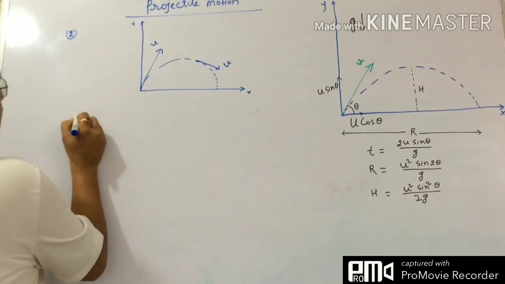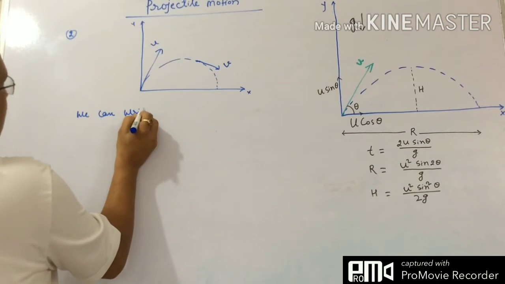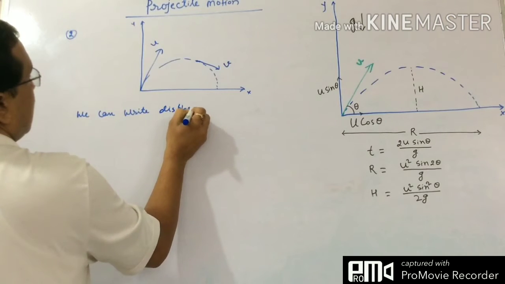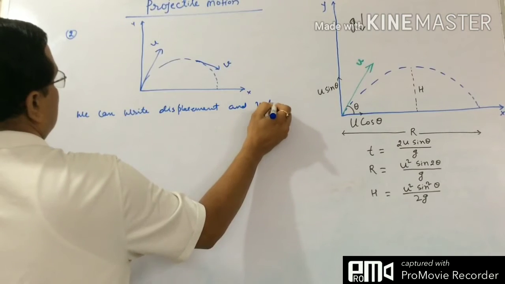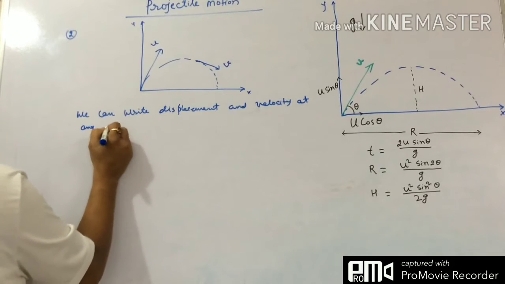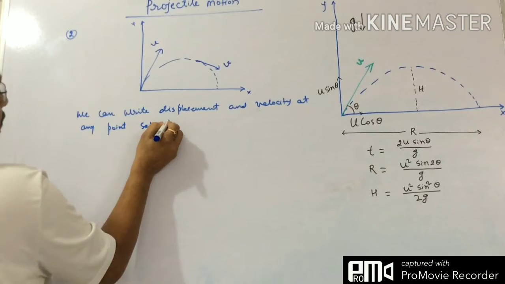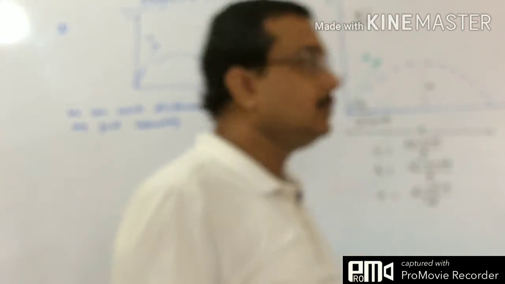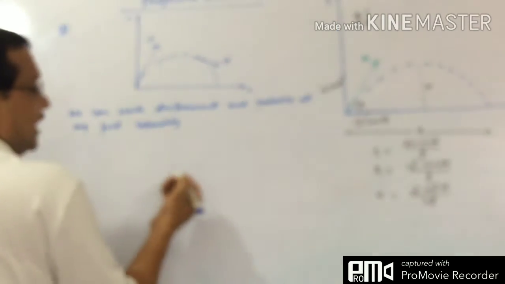We can write displacement and velocity component at any point separately, right? So what will be the value of velocity at any point in the x direction?